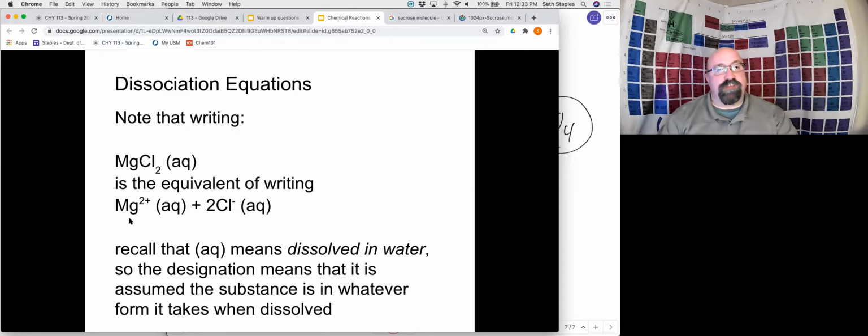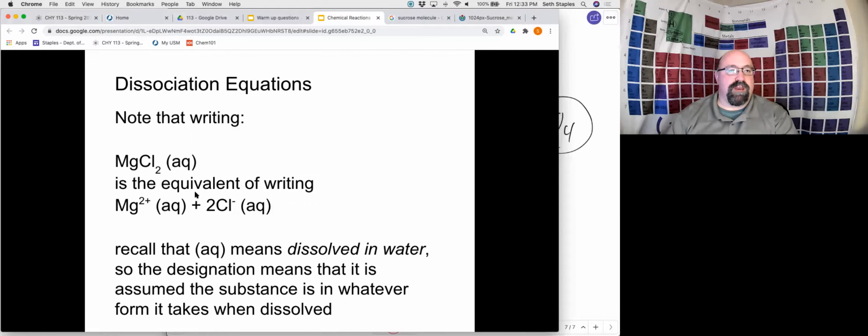And one thing to note as well is that when we use the designation AQ, aqueous, if I write MgCl2 (aq), that's the equivalent of writing it broken up into its ions. So it's understood that when I see this, what I really have in water is this right here, just because we know that this is something that is going to dissociate.